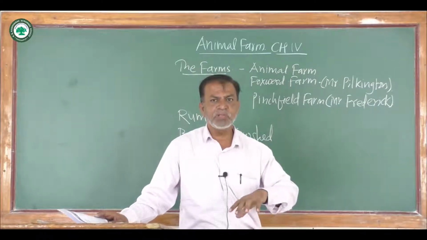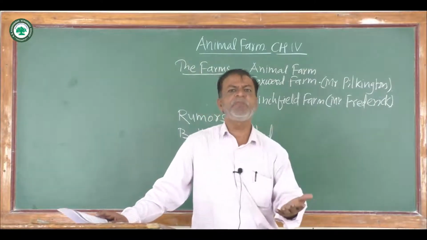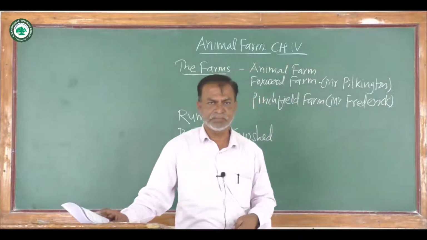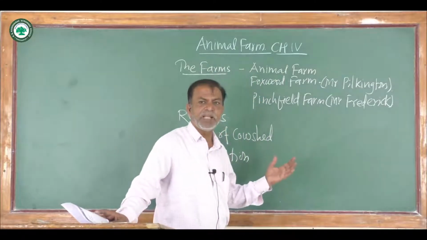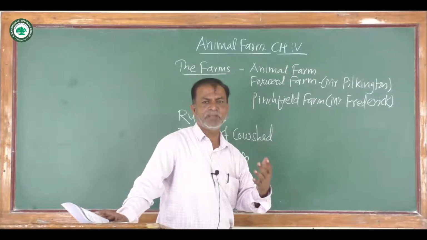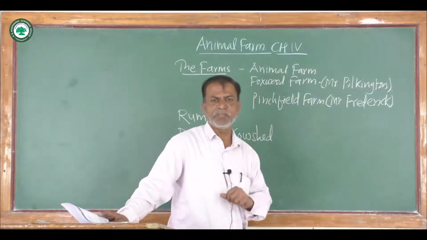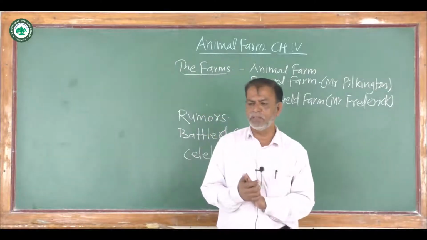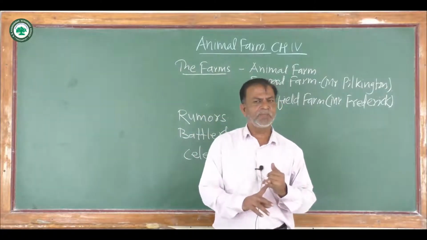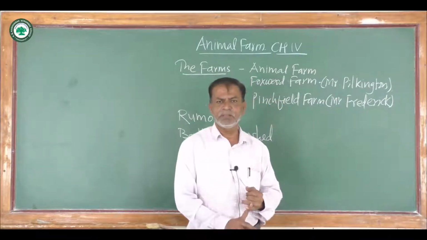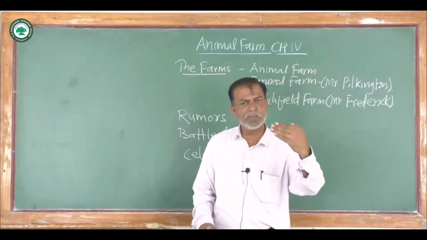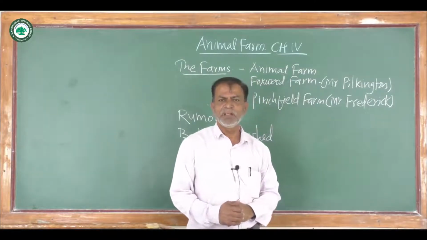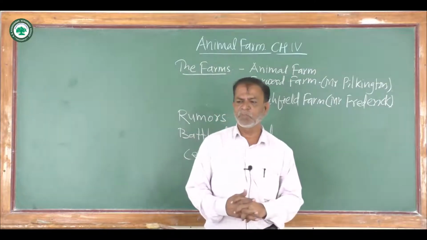and animals captured the farm. Here, Mr. Jones, with his neighboring farmers, tries to recapture this farm. And there was a battle between animals and human beings. And this battle is known as Cowshed Battle. Actually, in this battle, the novelist very minutely gives us the description of this battle.